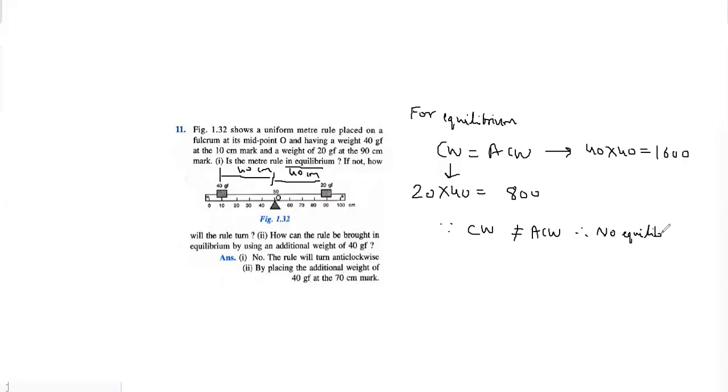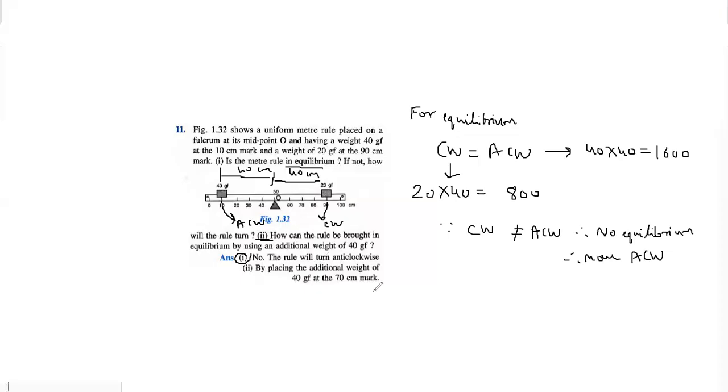So now this is our first part, which is sorted, no. Now you can see, because this comes out to be 1600, it is moving anti-clockwise. And this comes out to be 800, so it is moving clockwise. Which means it will move anti-clockwise. Now, the second part of the question says, how can it be brought in equilibrium?